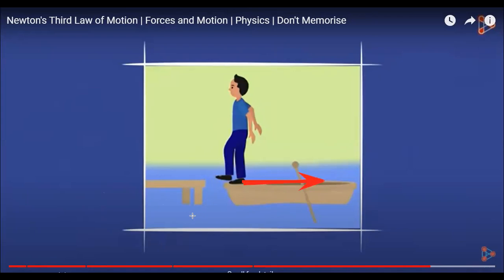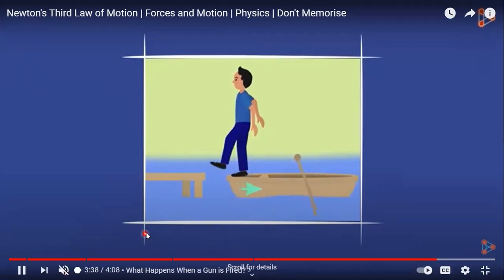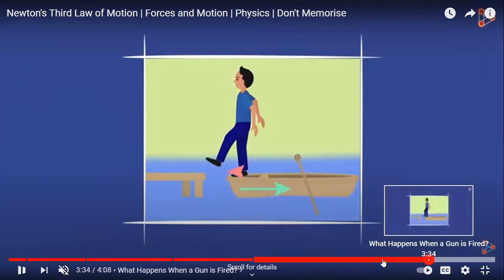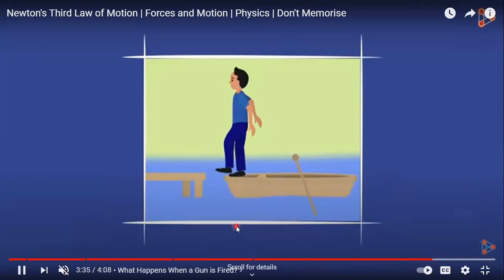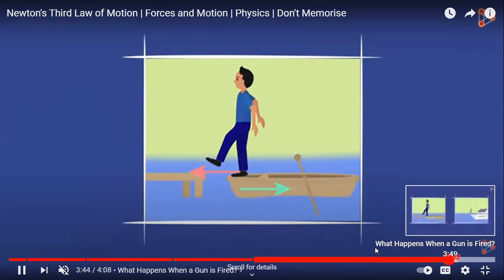It is the same case as that of the floor. You push the floor backward, the floor gives you a forward push. It allows you to move in a forward direction. So look here, children. See, when this person is moving out, what is he doing? He's pushing the boat backward, and the boat will allow him to move in a forward direction.